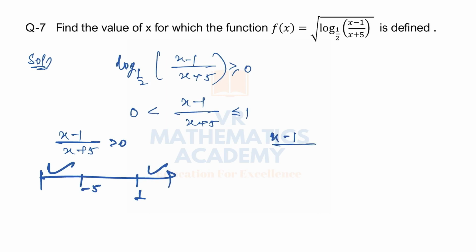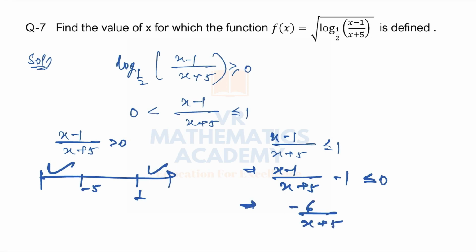But when we take (x minus 1)/(x plus 5) less than or equal to 1, then (x minus 1)/(x plus 5) minus 1 less than or equal to 0, so we find that minus 6 over (x plus 5) is less than or equal to 0.